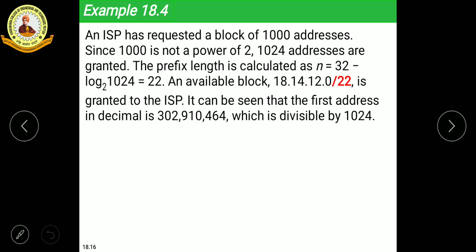The prefix length is calculated as n is equal to 32 minus log 1024 to the base 2, so that is 22. So an available block is given. Its IP address is 18.14.12.0/22. What is 22? 22 is n. N refers to the prefix. Prefix refers to the number of networks in that IP address granted to the ISP.